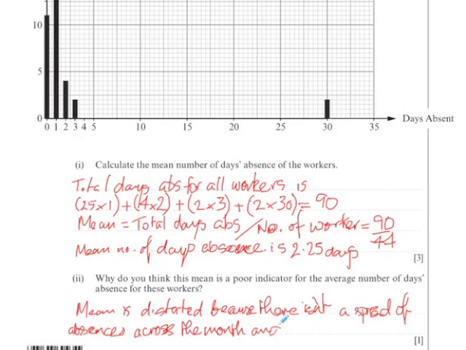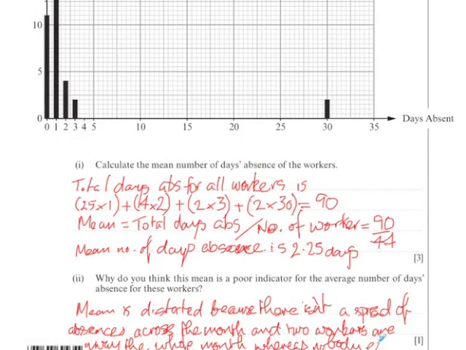And 2 workers are away the whole month, whereas nobody else is away for more than 3 days.